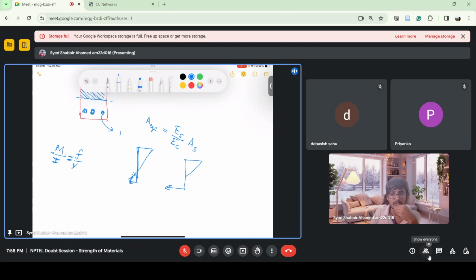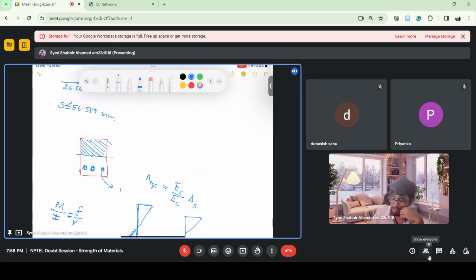This is not applicable to you. I'm just saying this is wholly dealt with in civil engineering, but you can also find problems like an aluminum beam with a steel strip added on the bottom or top of it, and it is bonded. Then also you have to do this. You have to convert this steel area into an equivalent aluminum area.